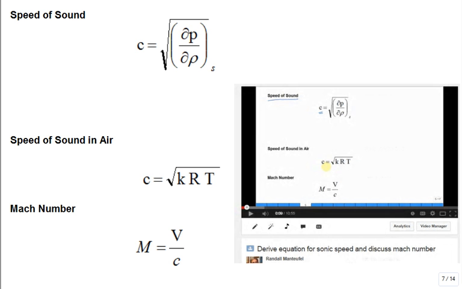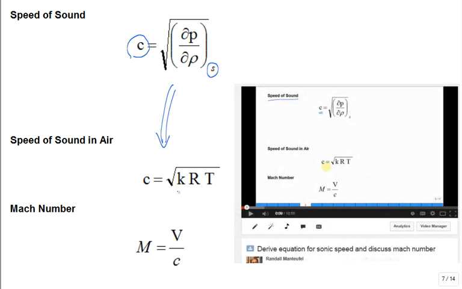The speed of sound. We need to talk about compressible effects. If you take a look, you can define in general the speed of sound in a fluid as the change of pressure with respect to density holding entropy constant. It's pretty abstract, but you can work this out for air, and a lot of times we are interested in the speed of sound, not necessarily in water or even some other fluids, but air.